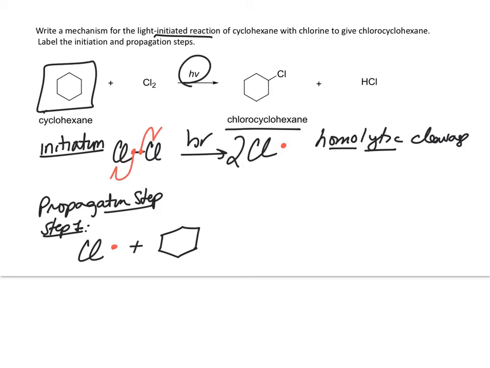And then you're going to look at which is your more stable free radical intermediate, which gives you the more substituted free radical. As you see, each one of these are CH2s, so they're all secondary hydrogens. So they're all equal. We call these methylenes. And so the chlorine radical will take off one of these hydrogens.